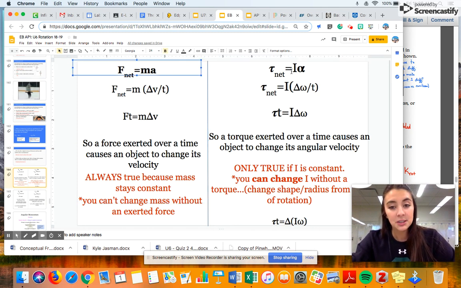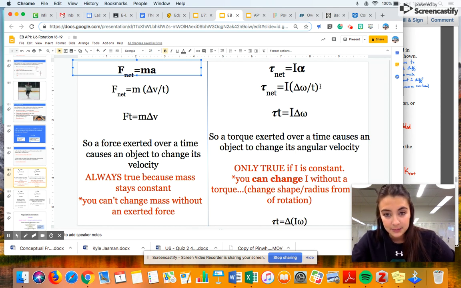So we take it to the other side with rotational, net torque equals I alpha. Just like F net equals ma, we can rearrange this equation, okay? We can say that alpha is really delta omega over t. That's just rearranging our equation of omega final is alpha t plus omega naught. And that leaves us with the equation net torque times t equals I change in omega. Okay, so if I follow the same thing that I did translationally, make this into a sentence.